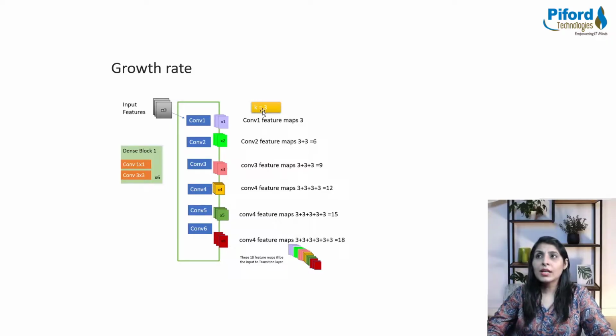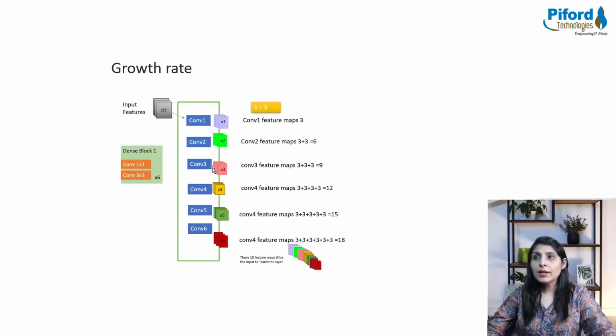If you set k equal to 3, that means convolutional layer 1 can only produce 3 feature maps, and convolutional layer 2 is also producing 3. So 3 feature maps from the first convolutional layer, and we are adding 3 feature maps from the second convolutional layer. So now we have 6 feature maps.